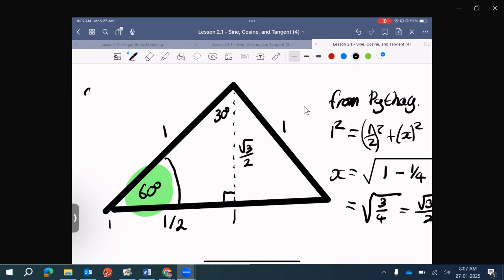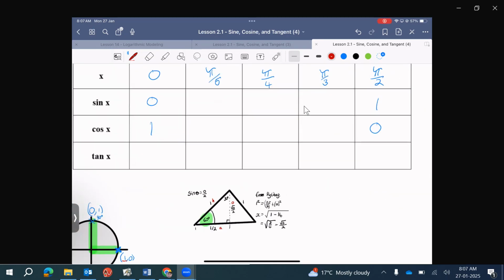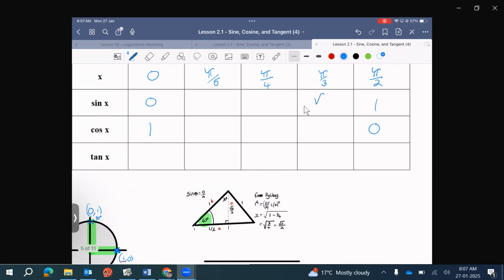Let me write the words down because you're not thinking, you're just saying rubbish. It's opposite over hypotenuse. This is the opposite, this is the adjacent, this is the hypotenuse. What is the sine of 60 degrees? Root 3 over 2. So this one is root 3 over 2.